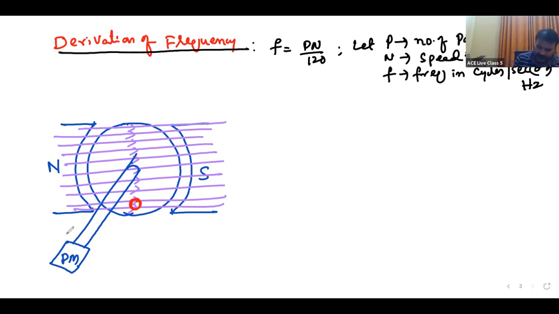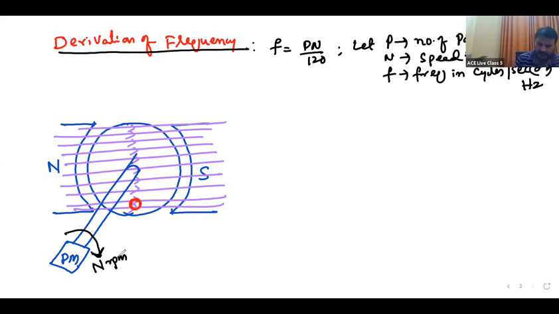With the prime mover, we are rotating it in the clockwise direction with a speed of n RPM. Poles are stationary. The conductor is rotating; it is kept on the rotor.